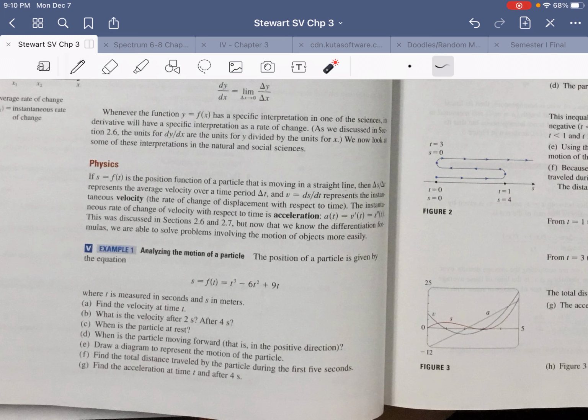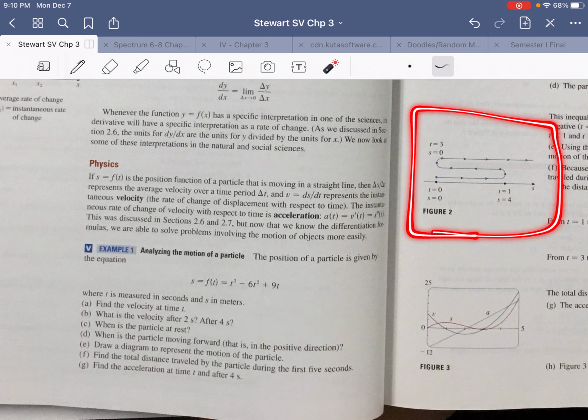When is a particle moving forward, in the positive direction? That's just where f prime of t is greater than 0. Draw a diagram. What they're talking about is this here.